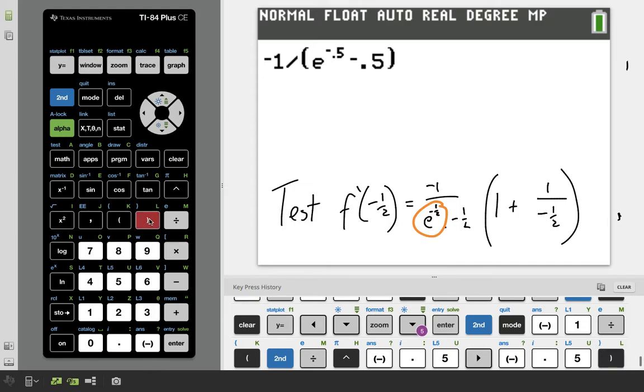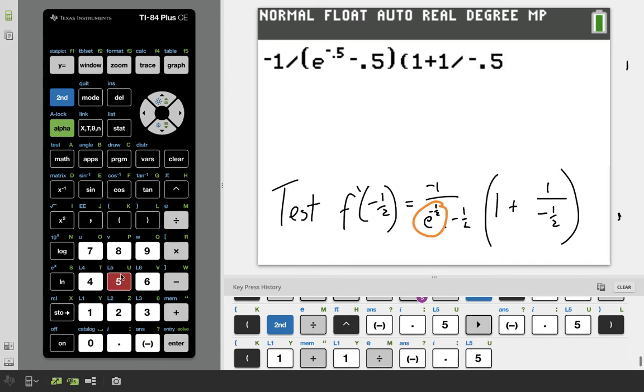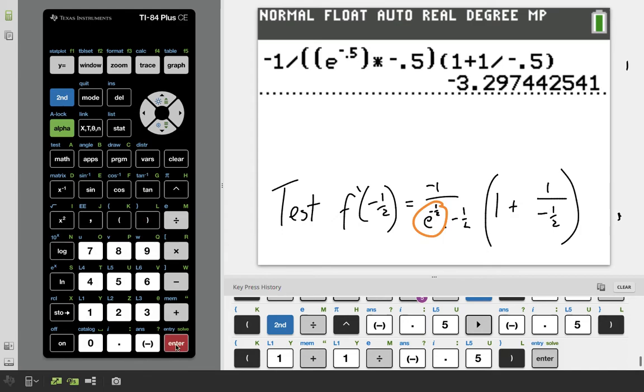Yep, okay, so I've just put in that bit there, right? Open brackets. 1 plus 1 divide -1/2, close the brackets, press enter, and I'm looking for, can't even remember now, is it positive? No, it's a negative number. I should be getting a negative number, and I do, and that's all I care about. Don't care what the number is, just care it's negative.